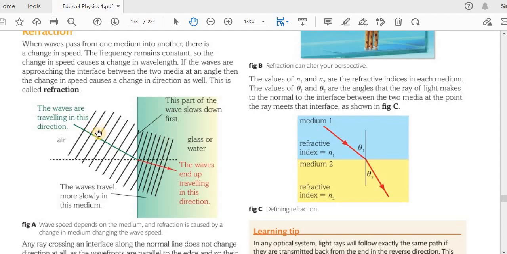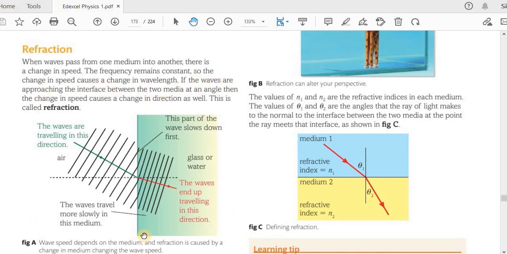Here you can see when the wave is going from air to glass or water, here it's air, here it's glass or water, the wave speed decreases, the wavelength decreases, frequency remains constant. The interface is the boundary between the two materials, two mediums or media.